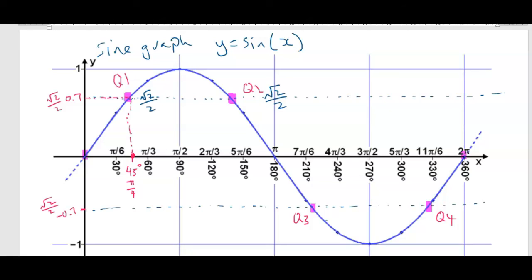They're positive because your function is y equals sine x, so we're in the positive part of our graph. And then in quadrant 3, it was negative root 2 on 2, and quadrant 4, negative root 2 on 2. And you can see there we're below the x-axis, so we're in the negative y.